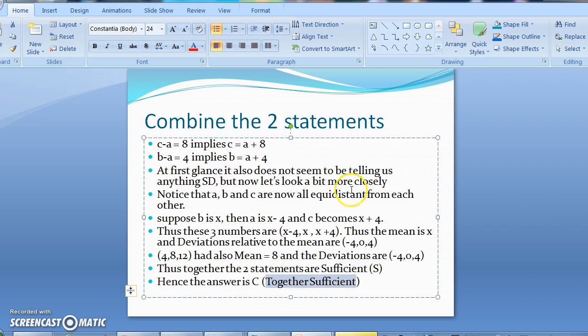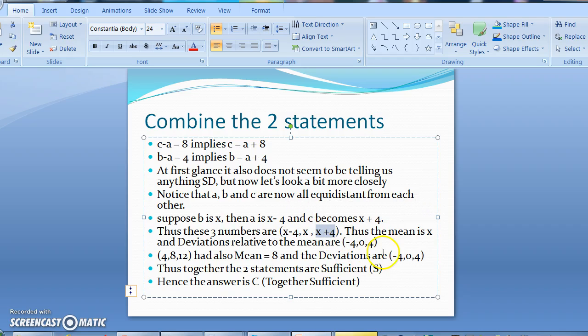Hope that is clear. We can recap quickly. From this observation, A, B, C look like they are equidistant, and here's a way to see it more clearly. We could say that B, the middle one, is x, A, the smaller one, is 4 less, and C, the bigger one, is 4 more.